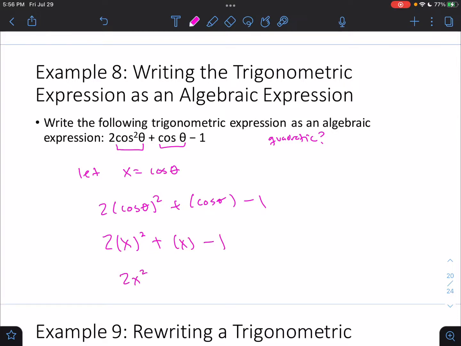And now we have expressed it as an algebraic expression.